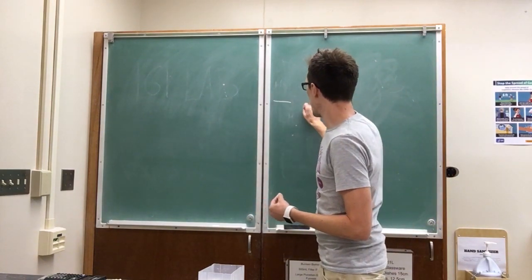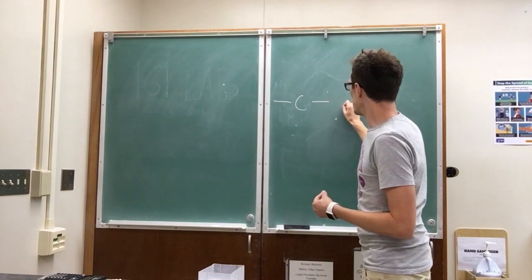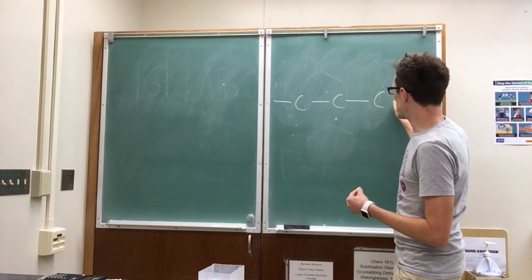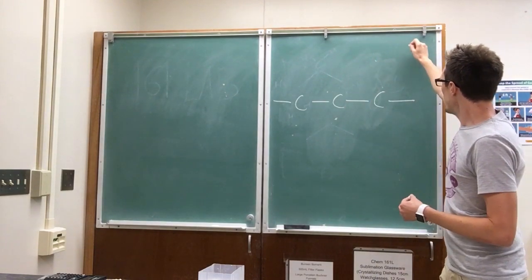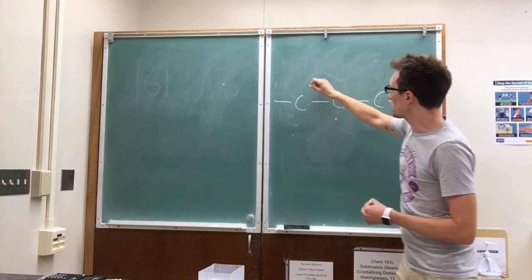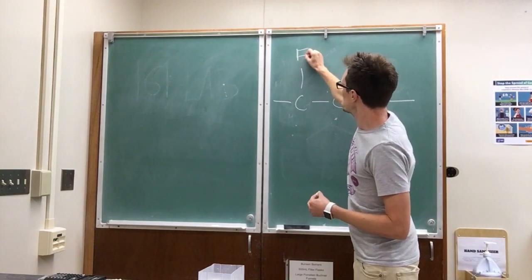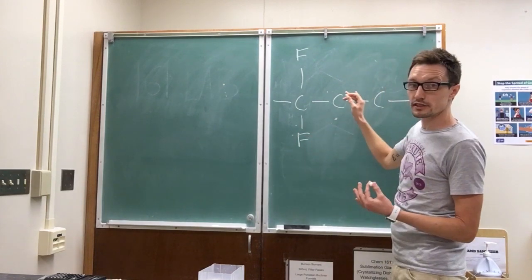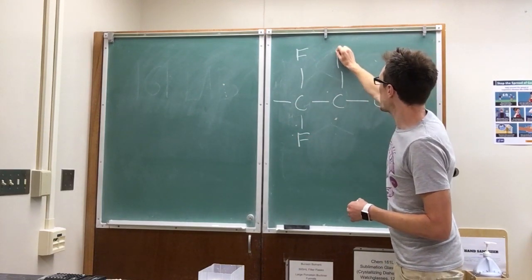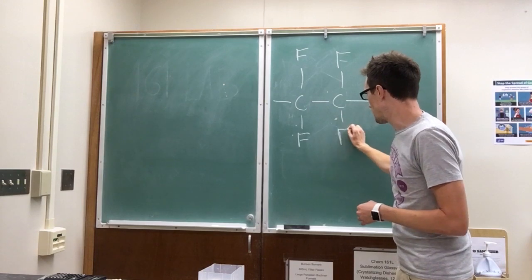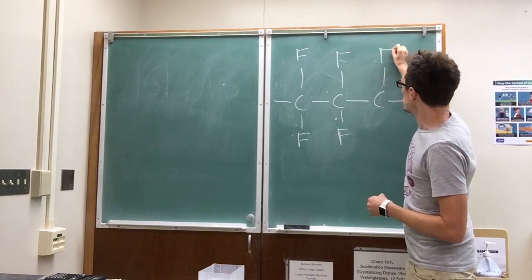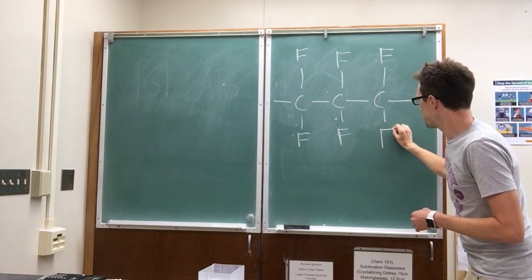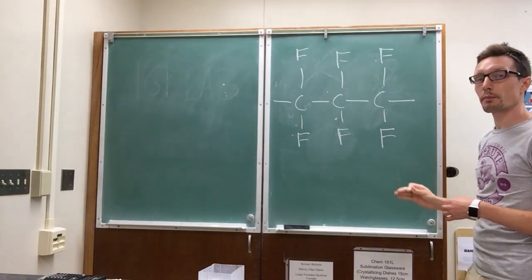So let's say we have our carbon, and I'm not going to draw the zigzag backbone nature. Since carbons can only have up to 4 bonds, if they're single sigma bonds, we're going to saturate it with fluorines instead, right? And you can see this is just some sort of repeating thing.